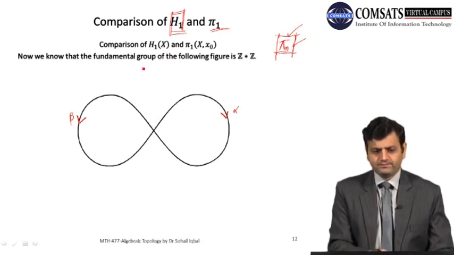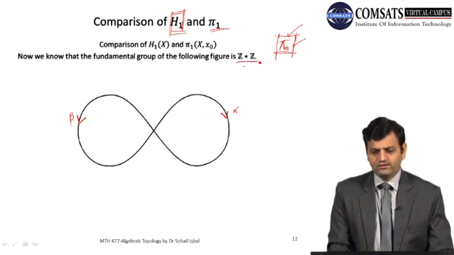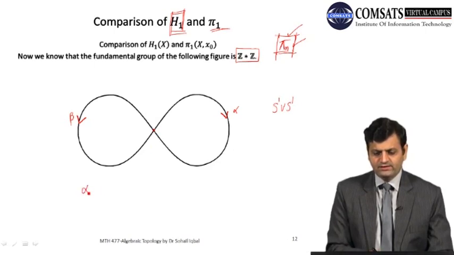H1 and pi 1. We know that the fundamental group of the following diagram, which is S1 wedge S1, is Z star Z, the free product of Z with itself. In this diagram, let's say the generator of the first Z is alpha and the generator of the second Z is beta.